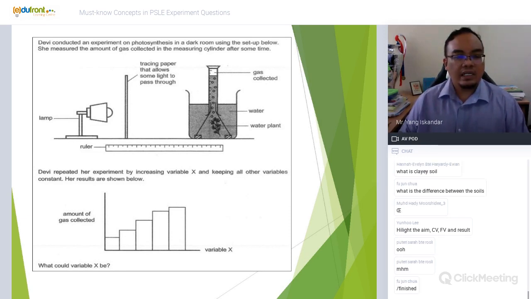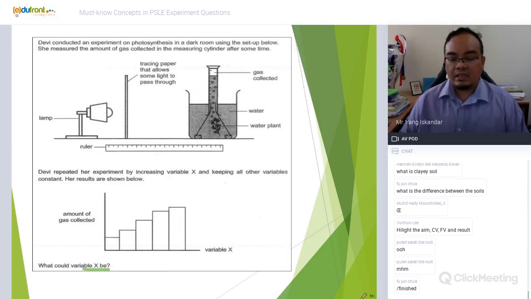Devi repeated her experiment by increasing variable X and keeping all the other variables constant. Constant means the same, and the results are shown below. They show you the data collected in the form of a graph, then ask you what variable X could be.